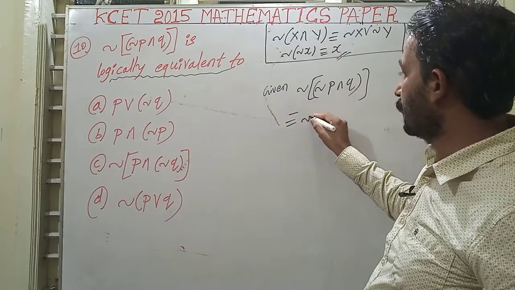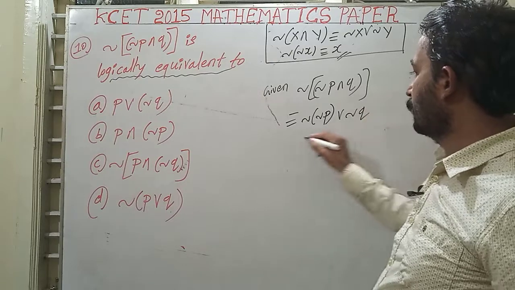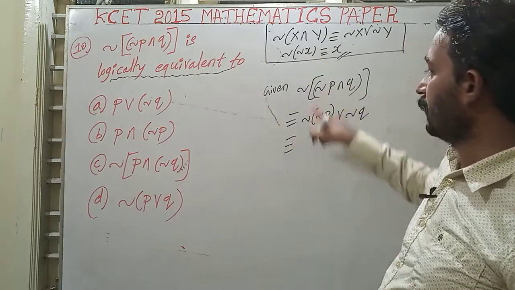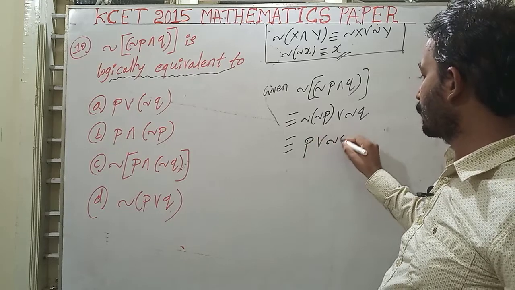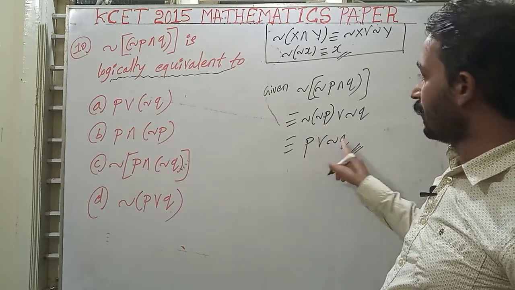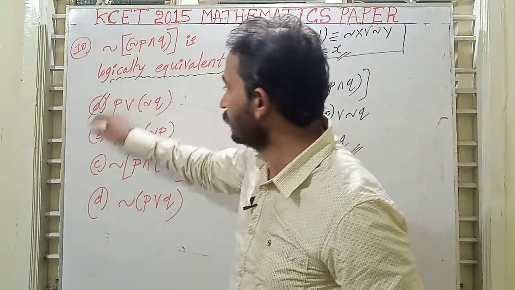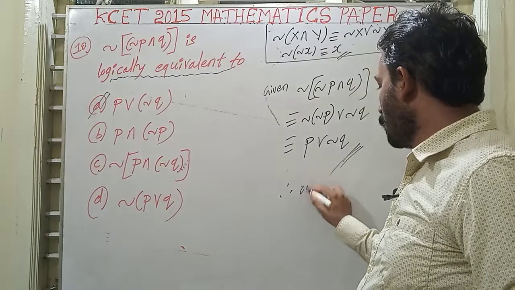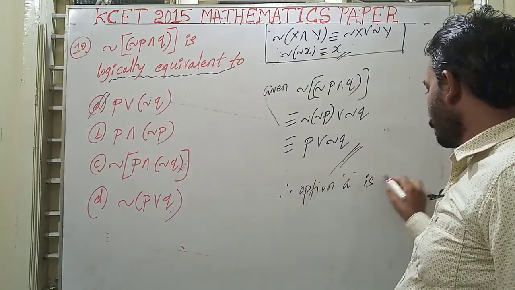Carefully observe: negation of negation P or negation Q. Once again apply this formula. Negation of negation P can be written as P. So the ultimate answer is P or negation Q. Which option is correct? Option A is correct.